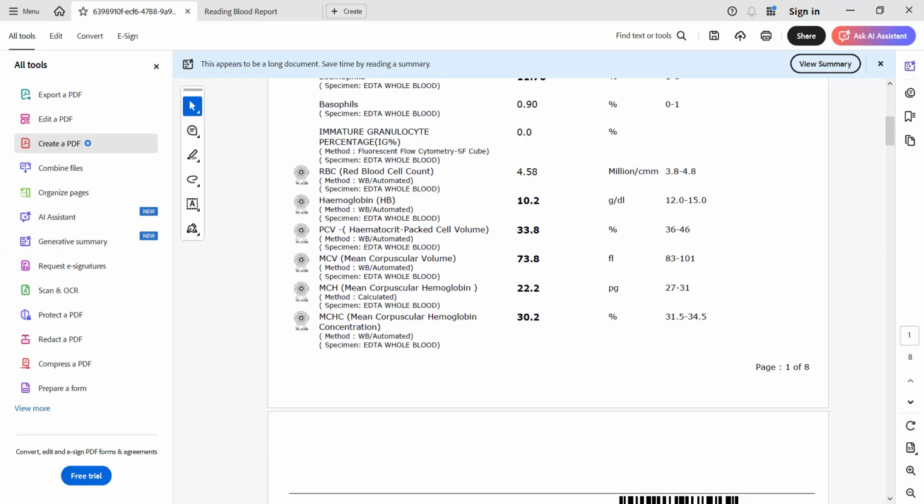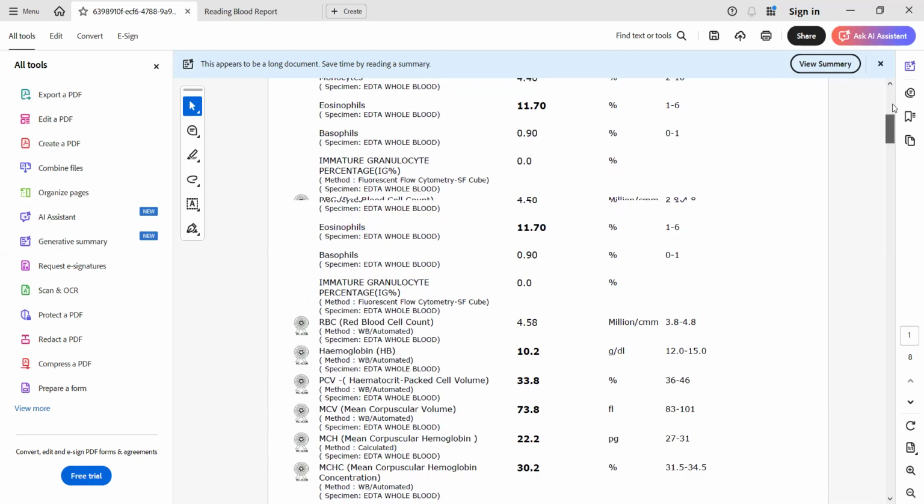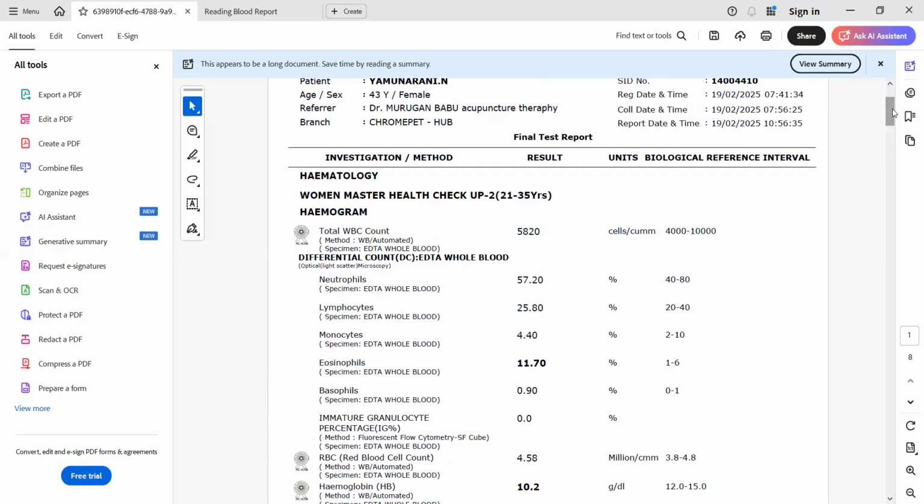Again, if you see the report, normally we will see only the total count. If the count is more than 10,000, or normally it is 11,000, the range is 4 to 11.